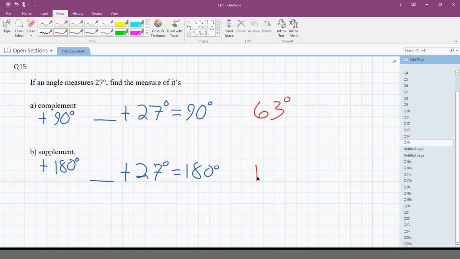Okay. Because you just take 180 degrees minus the 27. Perfect.